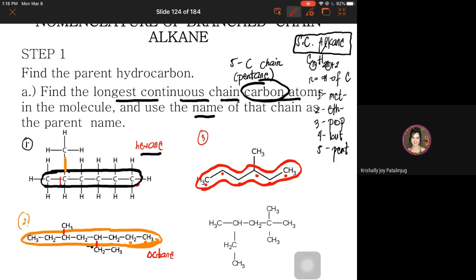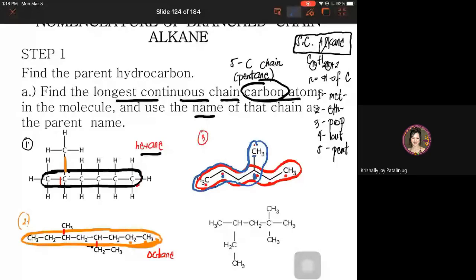Kasi kapag dito ka nagsimula, kung direct ka mag-start, hindi yan 6. Continuous din siya, no? Continuous chain din siya ng carbon, pero hindi siya yung pinaka-longest. Kasi ilan lang to? 1, 2, 3, 4, and 5 lang yan.